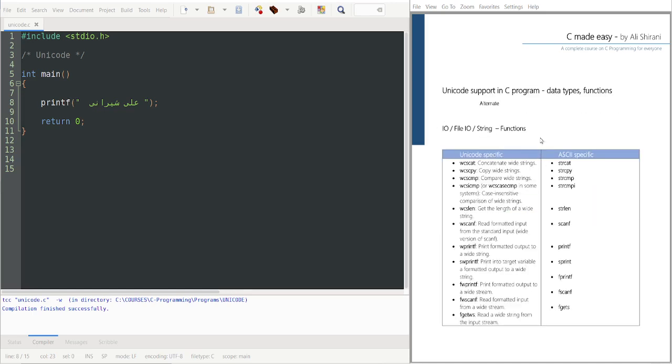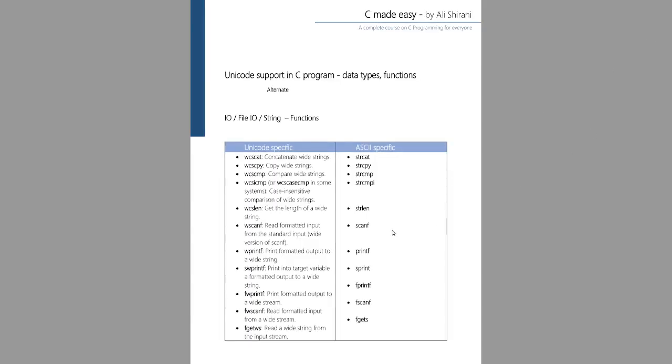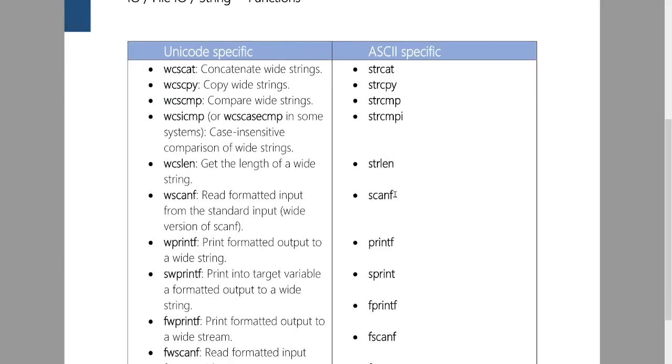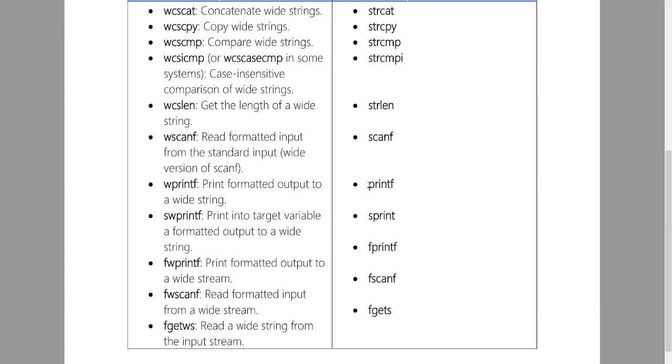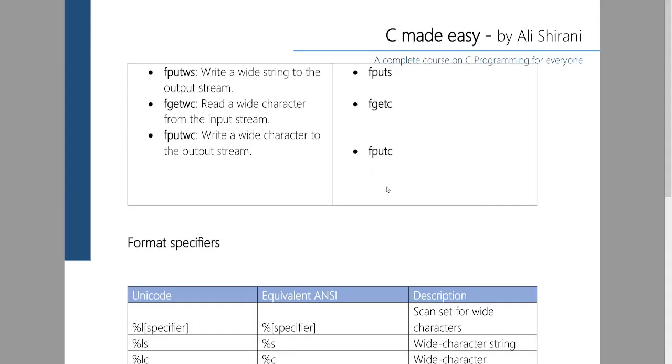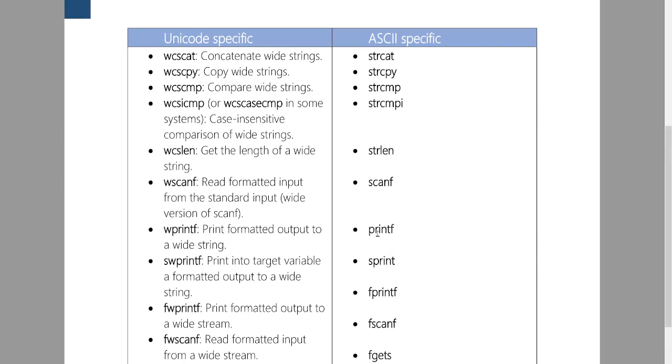We do have these functions, and I'll demonstrate them here. For example, let's look at printf first. Whenever we have printf, we use it for ASCII, but the equivalent that we use for Unicode strings is wprintf, which means wide printf. We should call it like that.